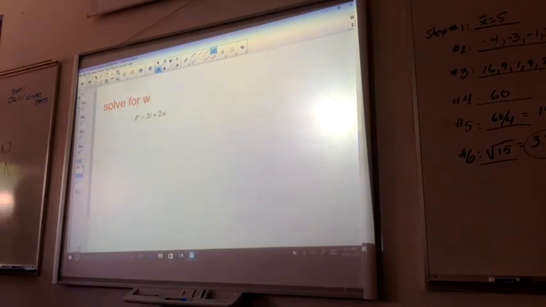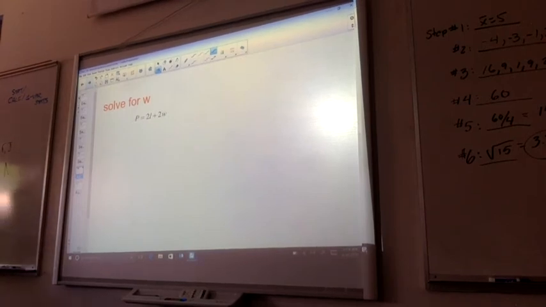All right, solve for W. P is equal to 2 times L, that's a lowercase l, plus 2 times W. Anyone know what this goes to? Don't solve it yet. What does this equation go with? What would I use this equation for?